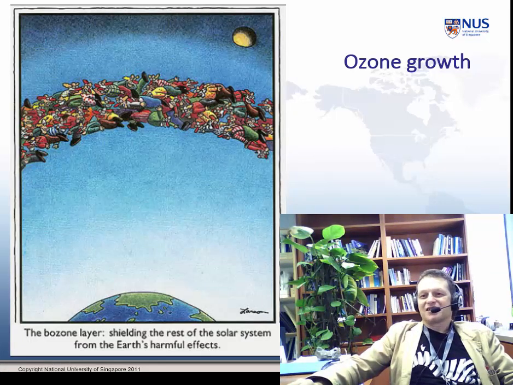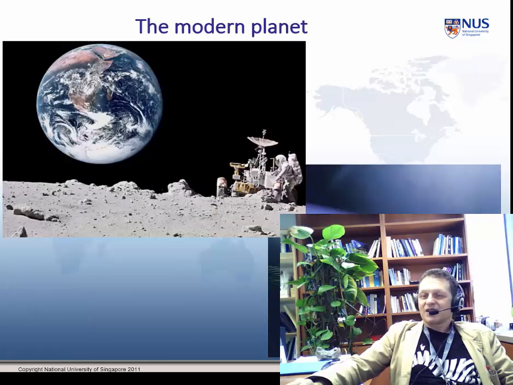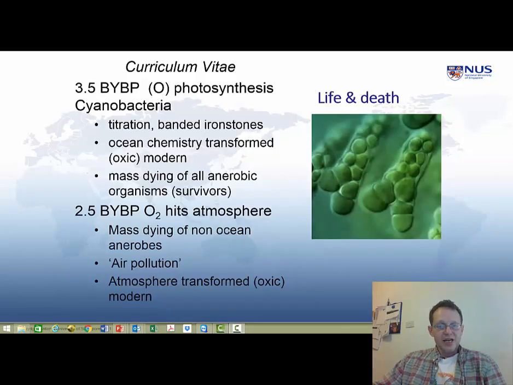Okay, I couldn't resist this. Anyway, away from growth of oxygen and growth of ozone and the ozone layer. Okay, so this is probably a good time to end this portion.